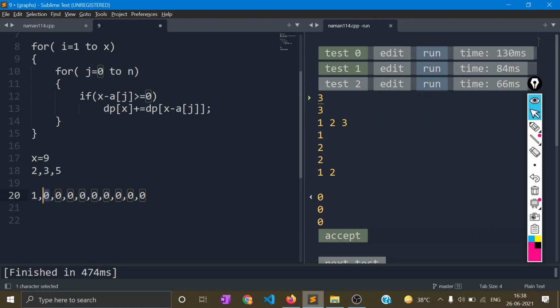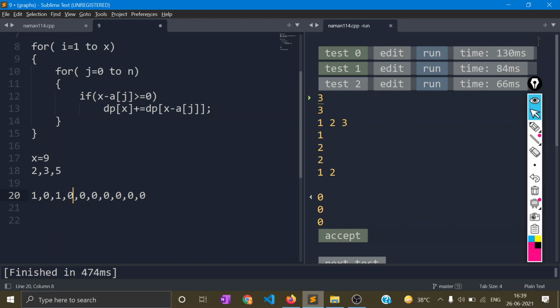I am at i equal to 1. 1 minus 2 is not greater than 0. 1 minus 3 and 1 minus 5 are also not, so I do nothing at this position. But 2 minus 2 is equal to 0, so I would make this 1 plus 0, which is 1. Then 3 and 5 would result in a negative index, hence I do nothing.